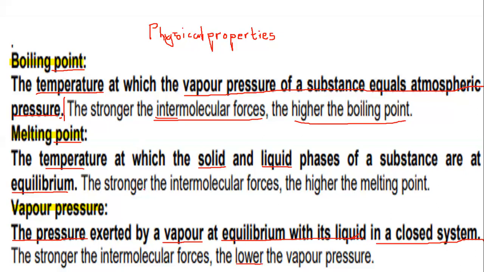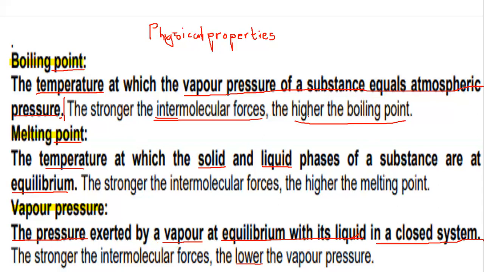So it tells me that if the boiling point is high, then the vapor pressure is low. Why can we say that?